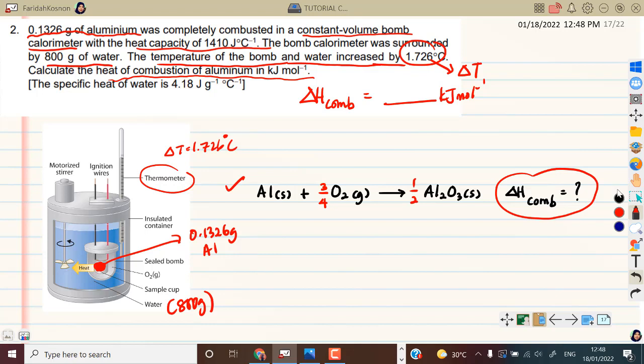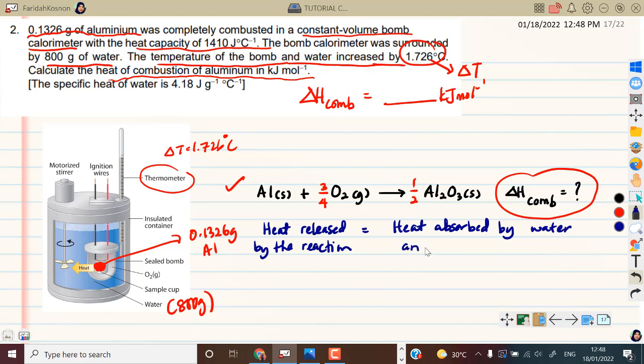Okay, so what happened in the calorimeter? The reaction will release some amount of heat. So, tulis heat release. Okay, heat release by the reaction, okay, equals to heat absorbed by water and calorimeter.